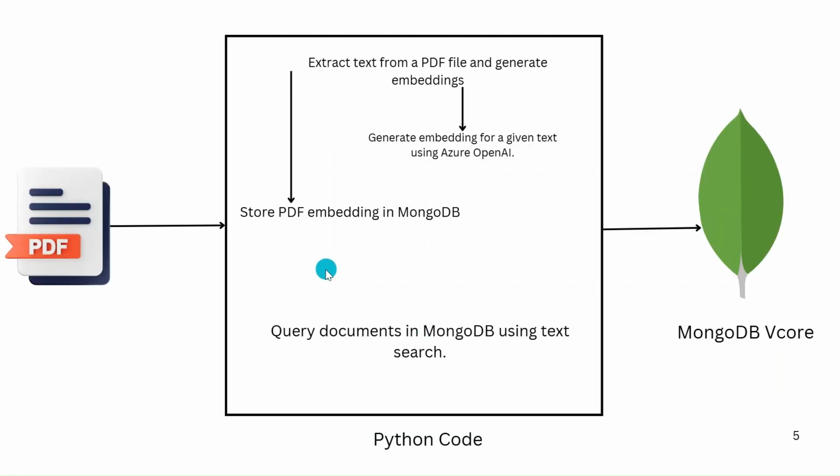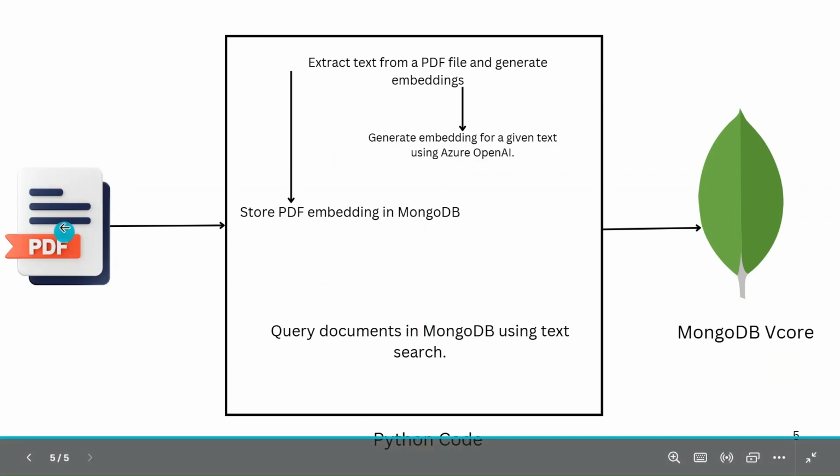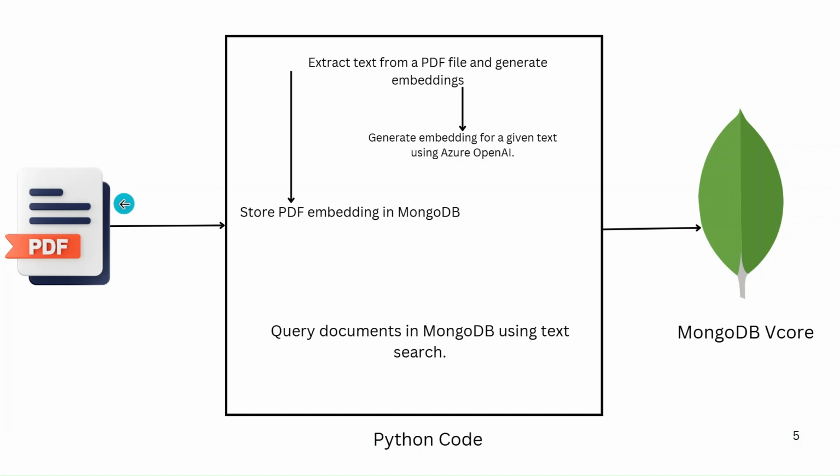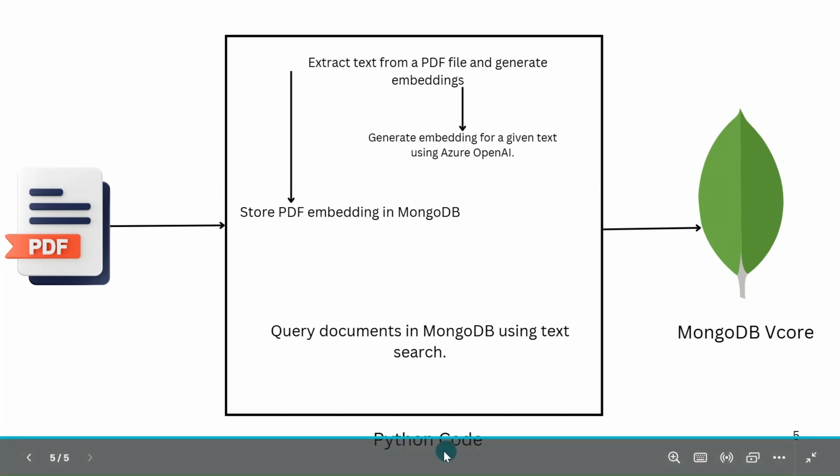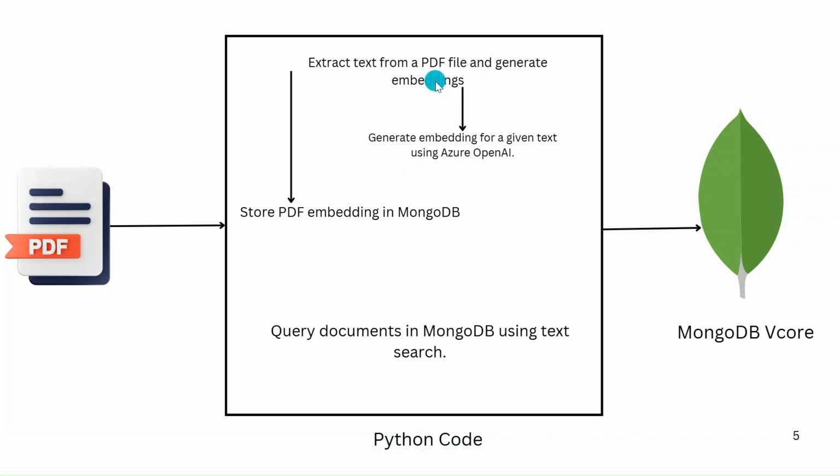In this particular Python code, we have a PDF file which will be extracted and processed in the Python code which we have written. Initially, it will extract the text from the PDF file and generate the embeddings. To generate the embeddings, we will be using Azure OpenAI.